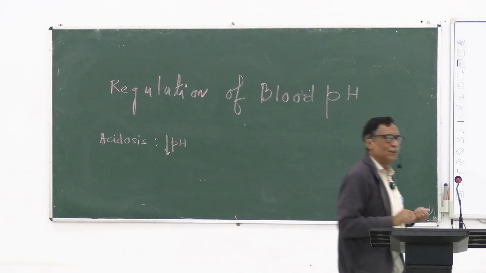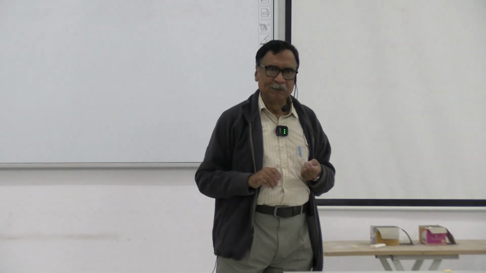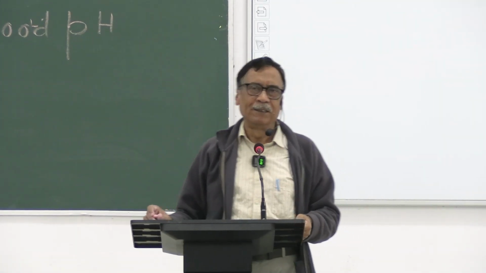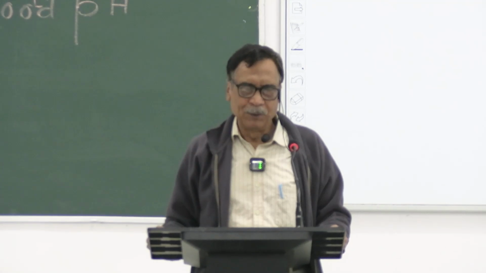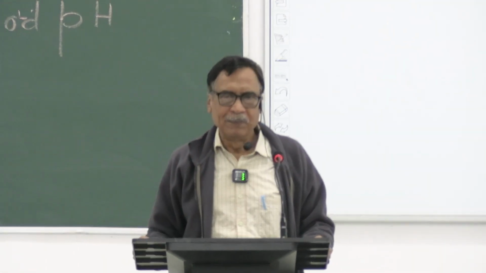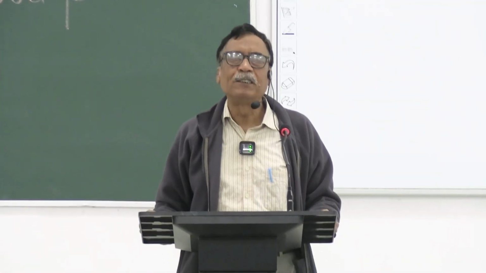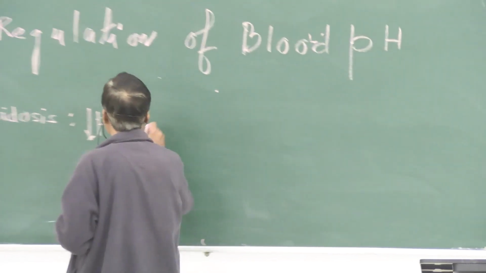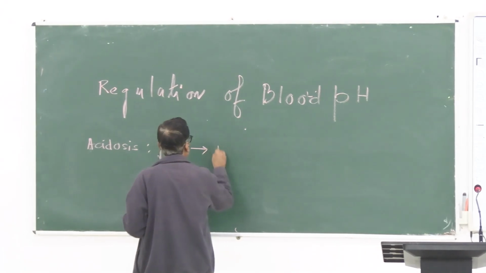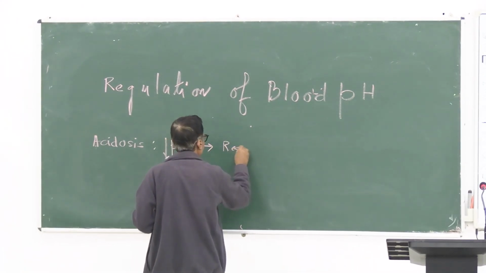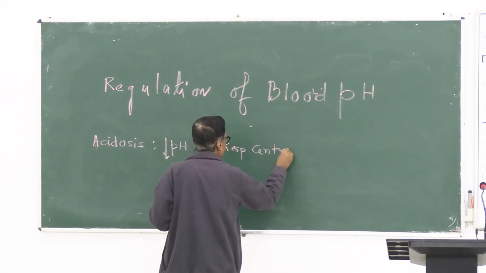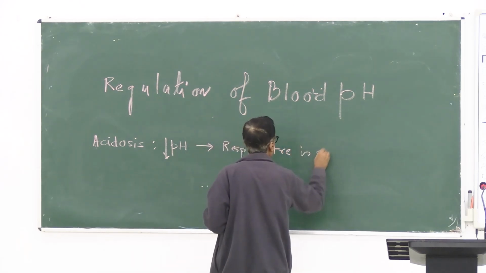When pH is decreased than normal range, the respiratory center present in the medulla oblongata of the brain is stimulated.